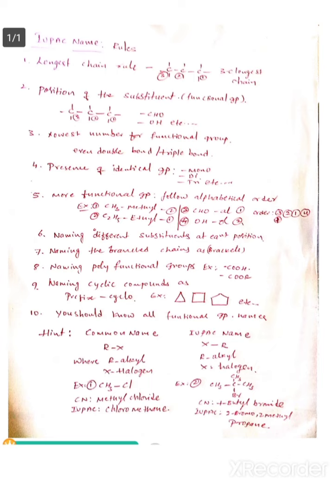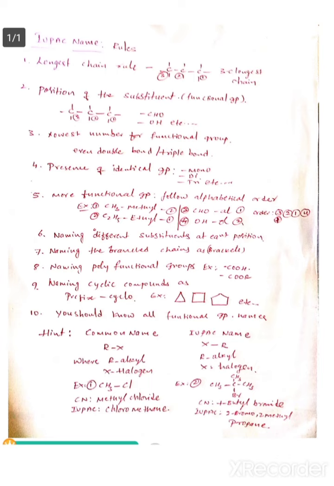Whenever you give the IUPAC name, you have to follow XR. X means you name the halogen first, followed by the alkyl group. For example, you can see here (CH3)3C-Br. For the common name, it is tertiary butyl bromide, because first is R, next is X. For the IUPAC name we give XR: 2-bromo-2-methylpropane.